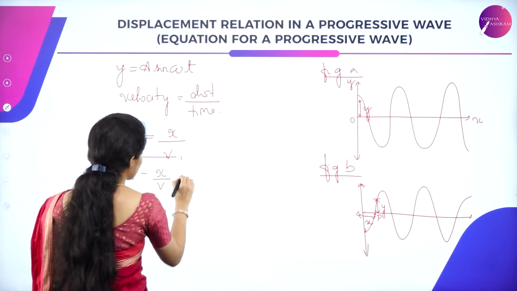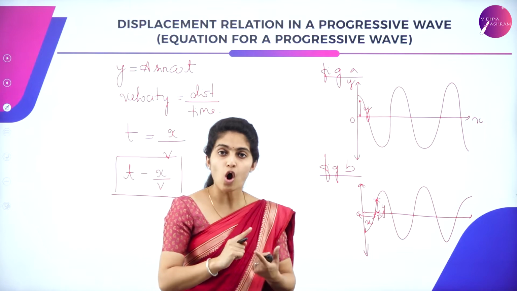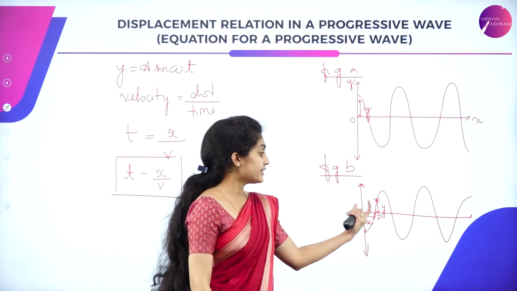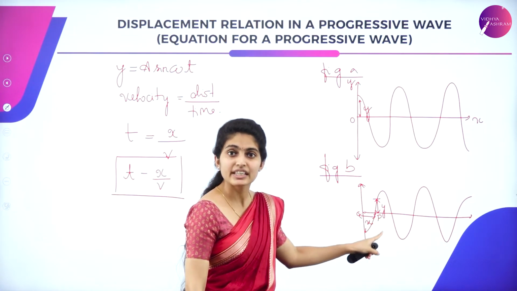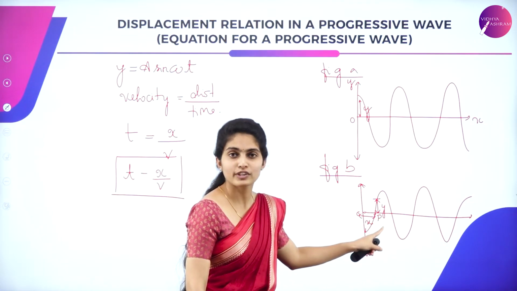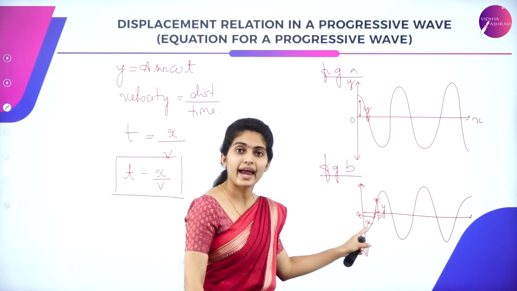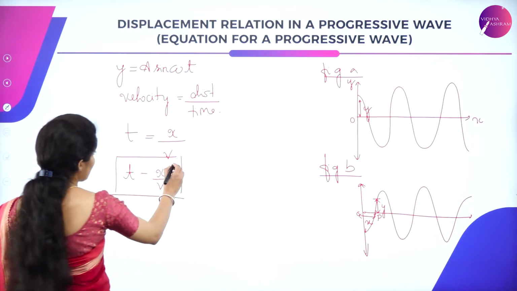This is the condition when the particle vibrates at O or at P at an earlier time. The displacement of the particle at P at time t is the same as the displacement of the particle at position O at time t minus x by v.